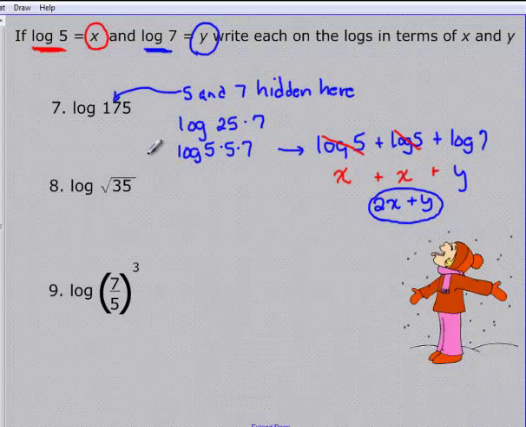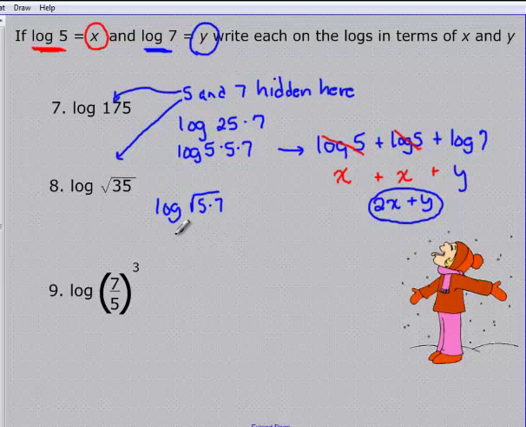Okay, let's do the same thing. 5 and 7 are hidden in here. Well, that one's a little easier, because 5 times 7 gets you 35. And now if I have to rewrite this in terms of Napier's laws, I know it's the log of 5 times 7. Square root means 1/2 power.